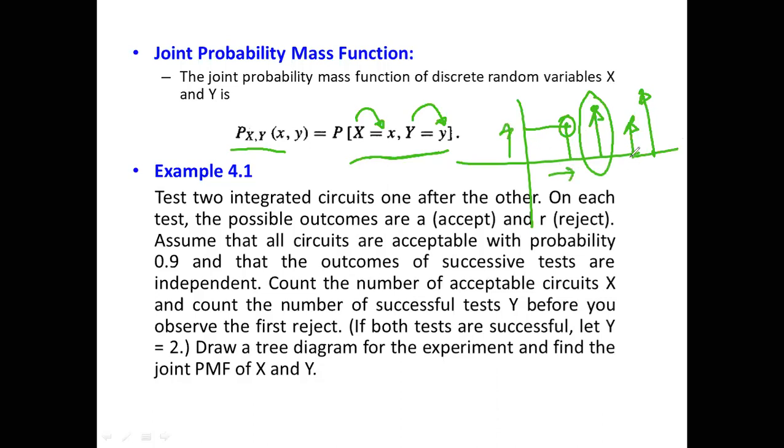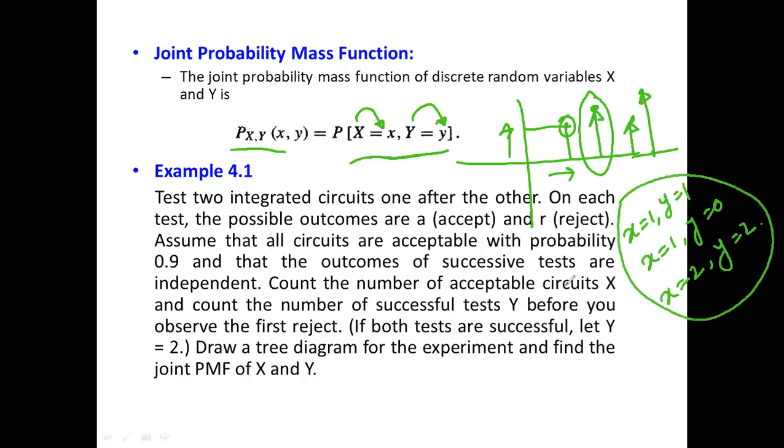When I'm talking about, say, x equals 1 and y equals 1, then x equals 1, y equals 0, then x equals 2, y equals 2, say these three combinations will have probabilities, for example 0.09, say 0.1, say 0.3.